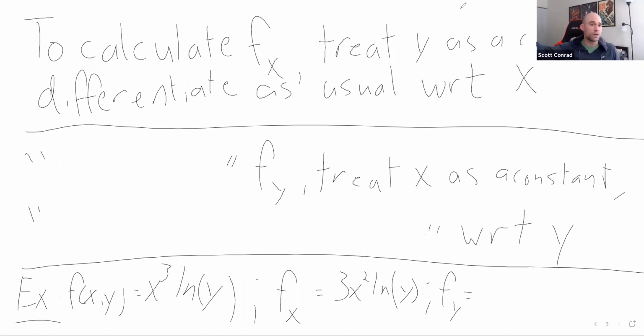Natural log y, when we take the derivative, we get 1 over y. So we get x cubed times 1 over y, or x cubed over y. Right. It's really easy. You'll get a ton of practice with this. And it's really nothing new so far.